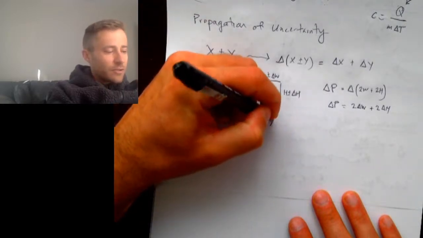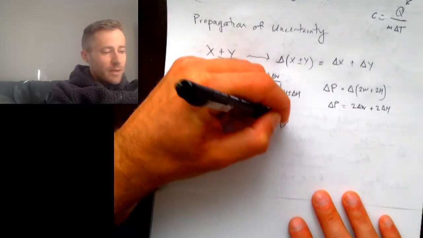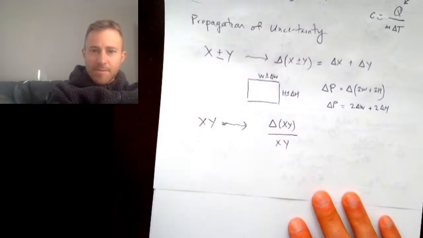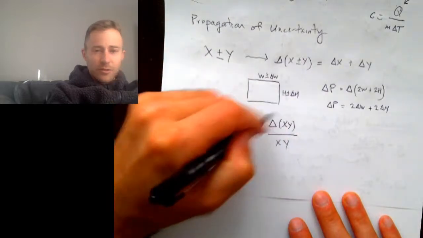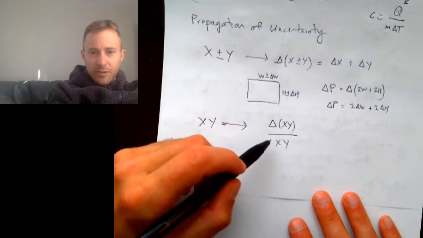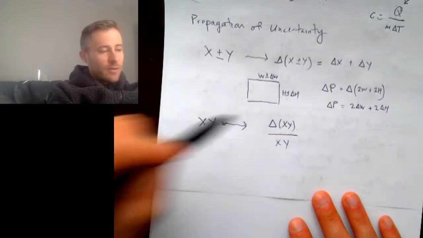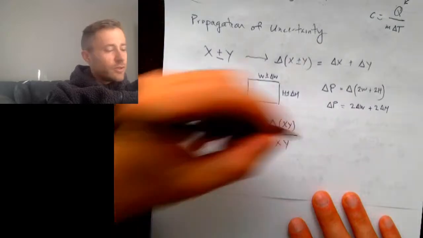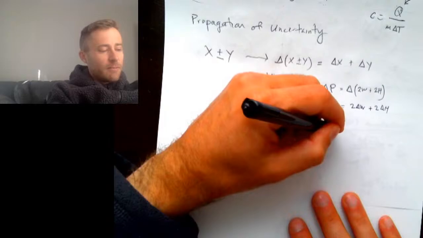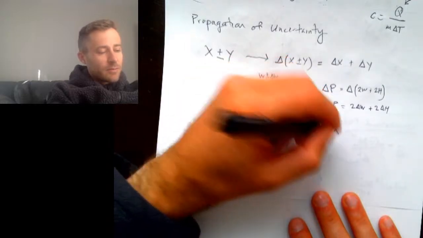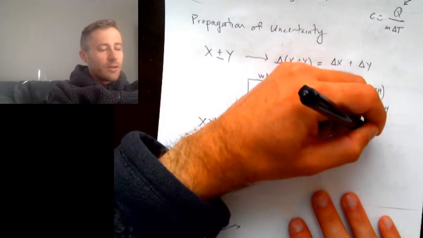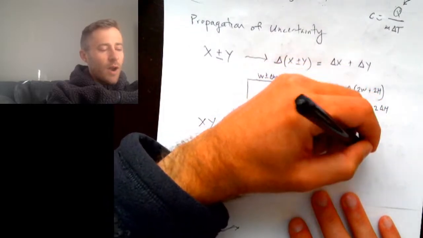So the fractional uncertainty in x times y, because this is the absolute uncertainty and this is the best guess, is going to be the fractional uncertainty in x plus the fractional uncertainty in y.